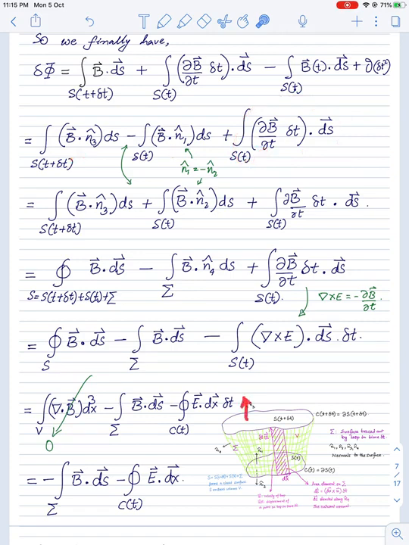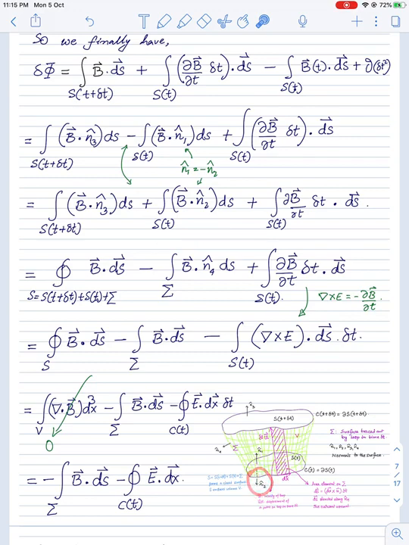Okay, so this term remains as it is, and here I have carefully kept track of the normals. Here both the normals, this one and this one, are pointing in the same direction. This is what we mean when we consider the change in flux, because we want the change in flux in the same direction. So we consider the area elements also in the same direction, in the direction of n3 here and in the direction of n1 here.